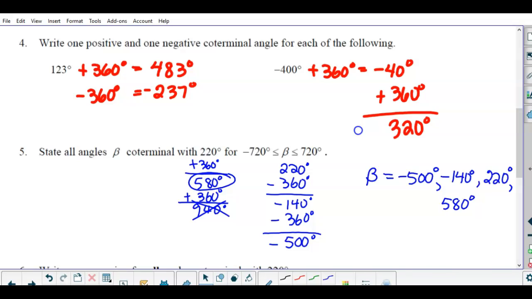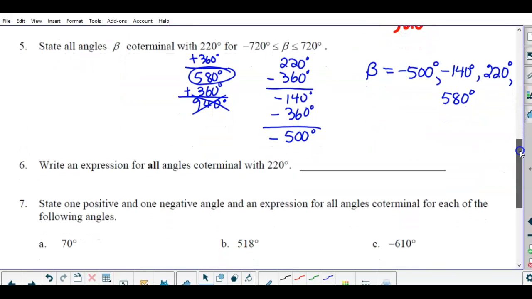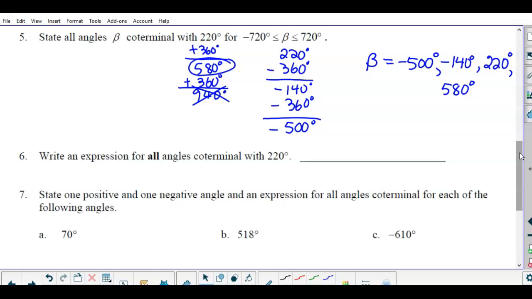So basically from here, add 360 you get this, add 360 you get this, add 360 you get this. And then the next thing, this is going to be really important when you get to Math 30, how to do this statement: all angles coterminal, because this can go on to infinity. These are just 4 specific ones.